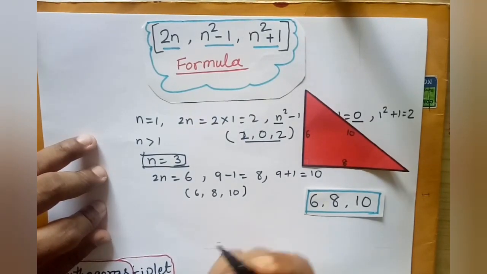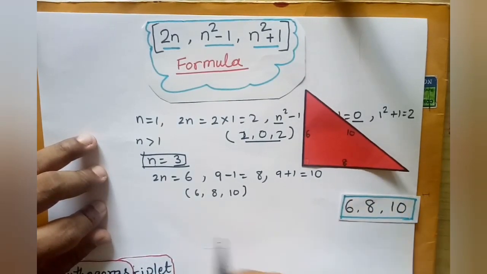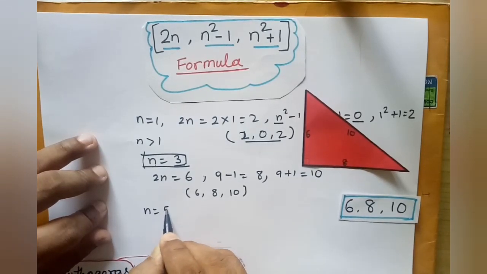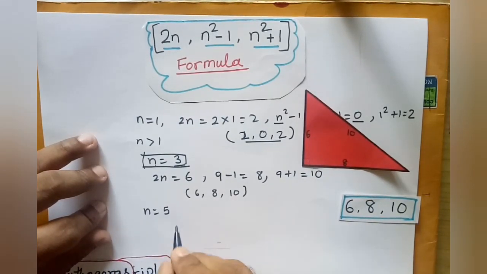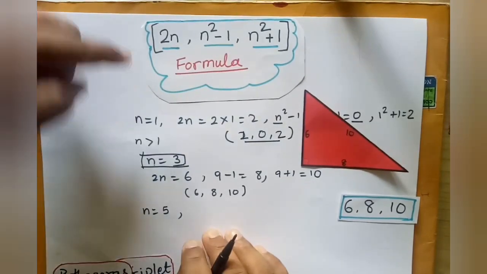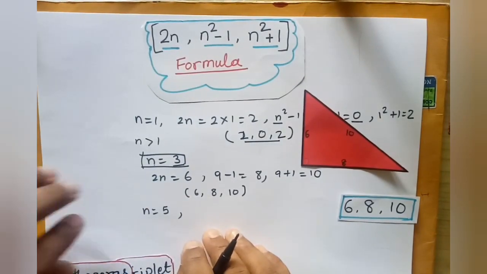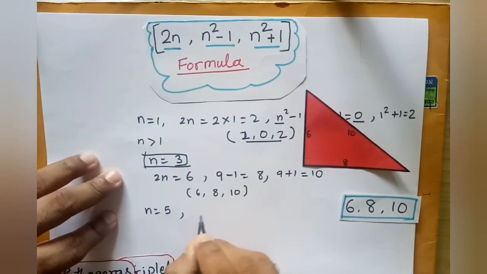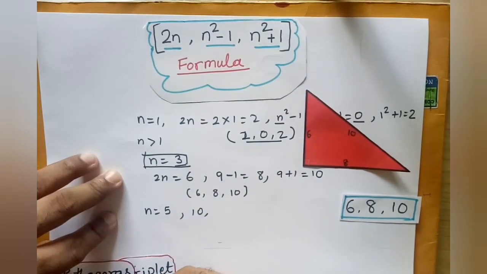Suppose you want to find out that particular value, like n equal to 4, or maybe I'll take 5, then what will be the answer? This time I will not substitute, I will do it mentally. That is most important. 2n, that is double of 5, the first number is 10.